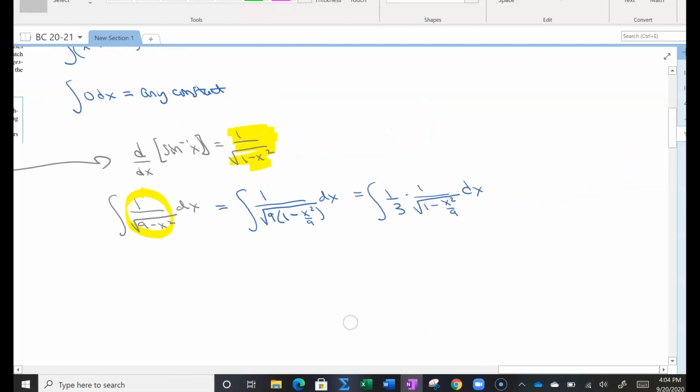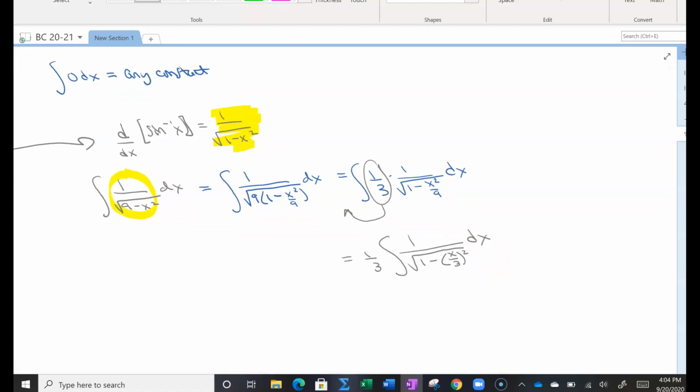This constant factor doesn't worry me, because as I talked about, I can pull the constant factor through the integral and incorporate it into the antiderivative later. And this is key here: x squared over 9 can be written as x over 3 squared dx.